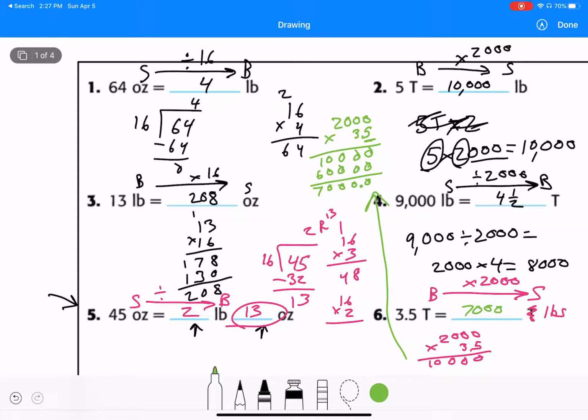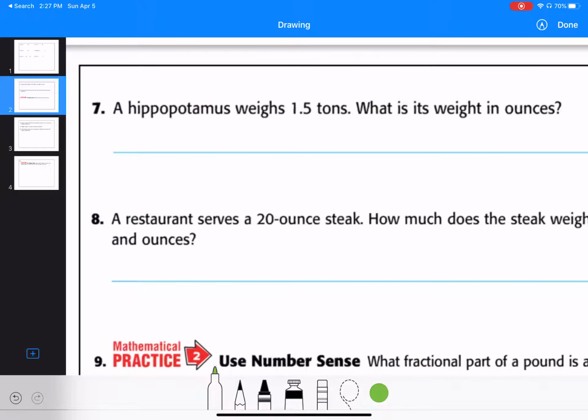Let's keep moving on. Here we have some story problems. A hippopotamus weighs 1.5 tons. What is this weight in ounces? Ooh, they're tricking us here, ounces. Well, let's first convert that to pounds. So 1.5 tons to pounds is 3,000 pounds.